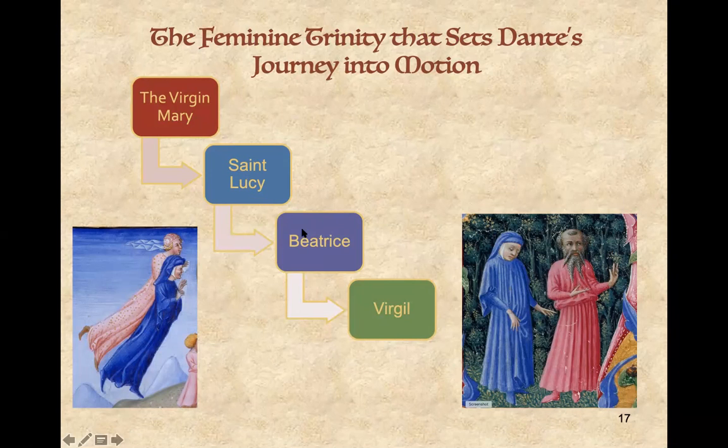So what we have is actually a kind of feminine trinity. The Virgin Mary is the one who realizes that Dante is lost, has lost his path. She calls for Saint Lucy's help. Saint Lucy goes to Beatrice, and Beatrice descends into Limbo to ask for Virgil's help. So this is how the narrative is set in motion.